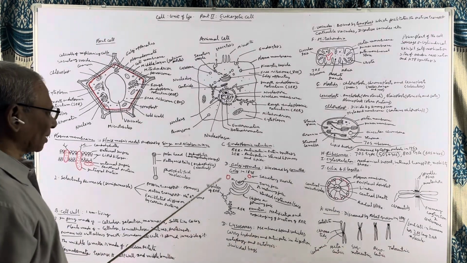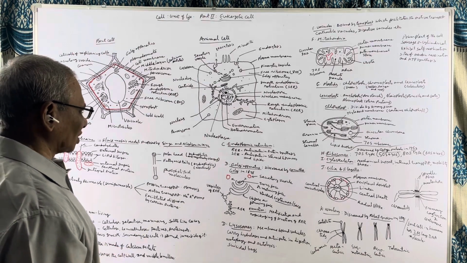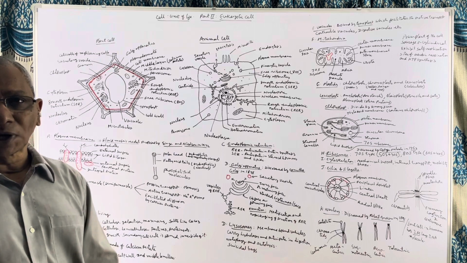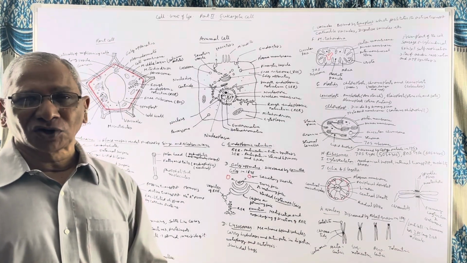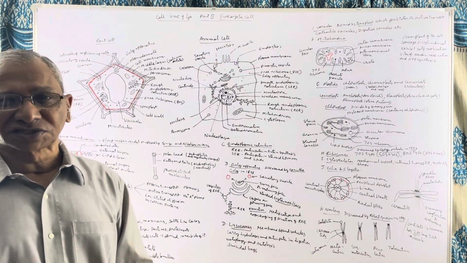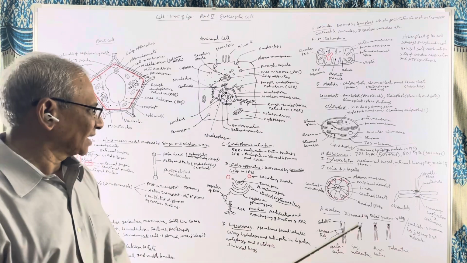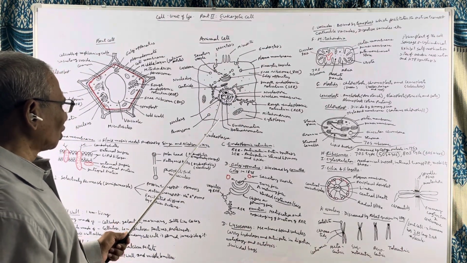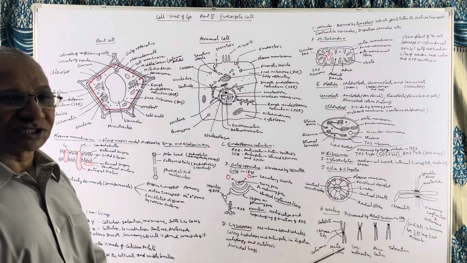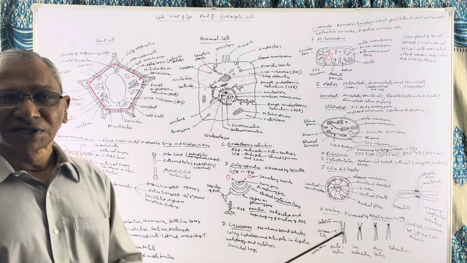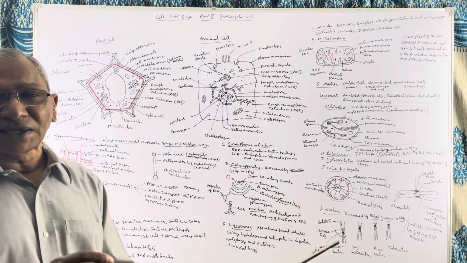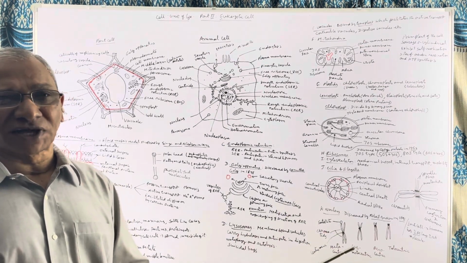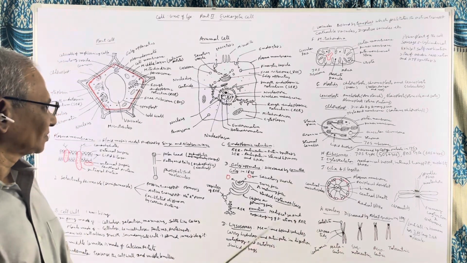Then coming to the endoplasmic reticulum. Endoplasmic reticulum is a network of tubules or channels, and vesicles, and it divides the cytoplasm into luminal and extraluminal space. Luminal means the space enclosed by the endoplasmic reticulum. The space outside the endoplasmic reticulum is known as extraluminal space.